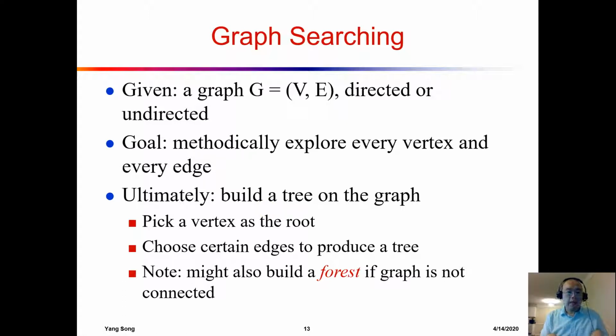So we pick a vertex as a root, and then we want to choose certain edges to produce a tree. So for the entire graph, we are only picking part of the edges to build a tree structure. And in some of the cases, if not all the vertices are connected, it is not really possible to build one single tree, and in this case, we may have to build a forest.